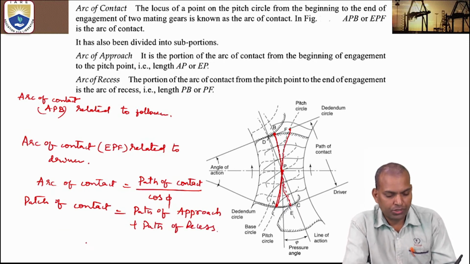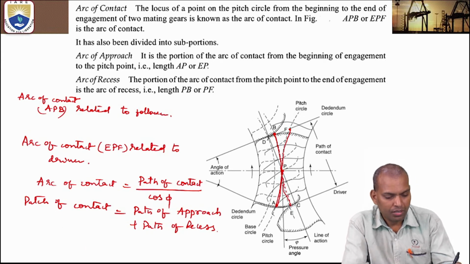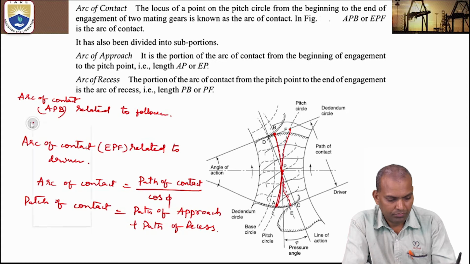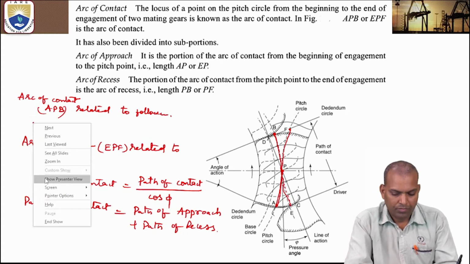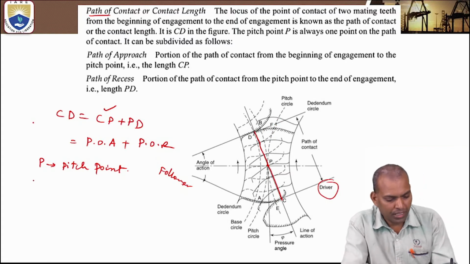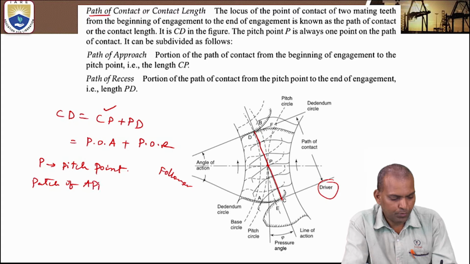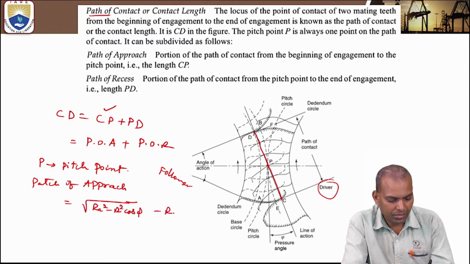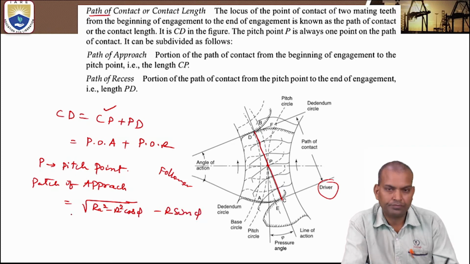So what is the path of approach? Path of approach takes place on the driver and equals the square root of (RA square minus R square cos square phi) minus R sin phi.